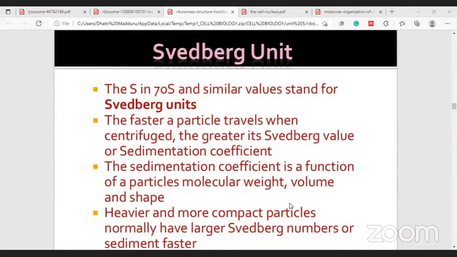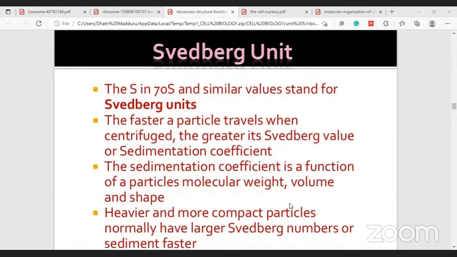Whenever a centrifugation is performed, we usually calculate the sedimentation coefficient. That means we maintain a gradient, that is, in the centrifuge tube we maintain different concentrations of a solution like sucrose, and we centrifuge by adding the sample of ribosomes, for example.